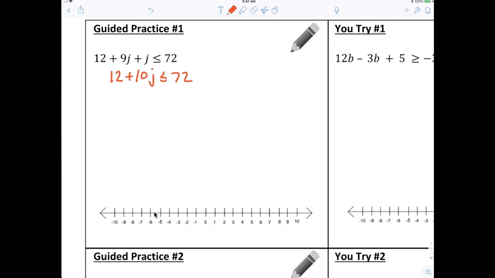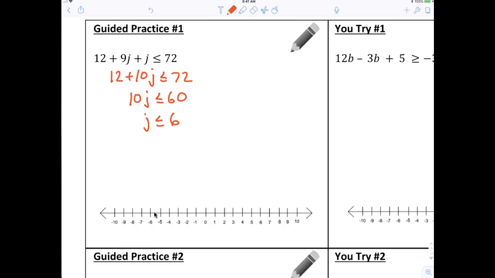I'm subtracting 12 from both sides. So 10j is less than or equal to what? Now I'm dividing by 10. So everybody should be able to easily see j is less than or equal to 6.